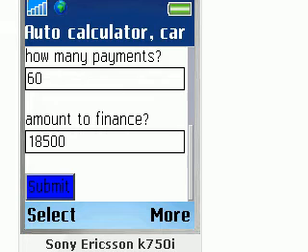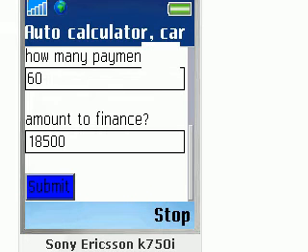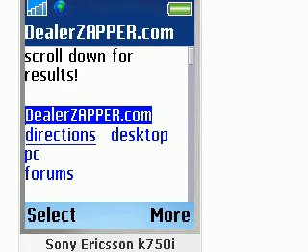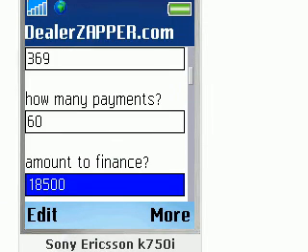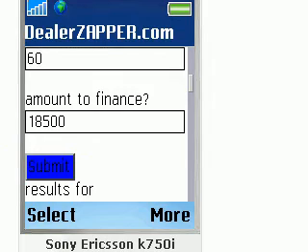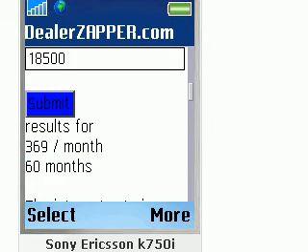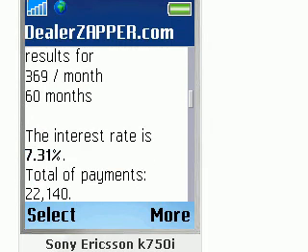With these pieces of information, we can let Dealer Zapper do its work. And it's thinking. Now, on this screen, you will see it says scroll down for your results. The reason we have this is so that if you make a mistake, you can quickly fix it and then resubmit the information, or make whatever changes you need to. Then it gives you the results.